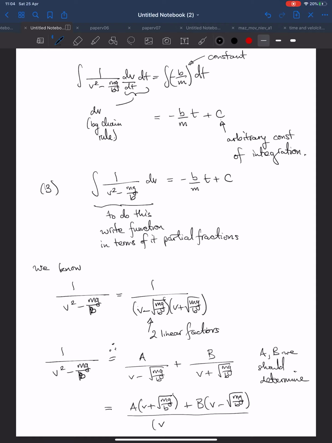But for simplicity's sake, I'm going to select values of v that will simplify our job and allow us to find these coefficients. All right, okay, so here, this is what we've got.